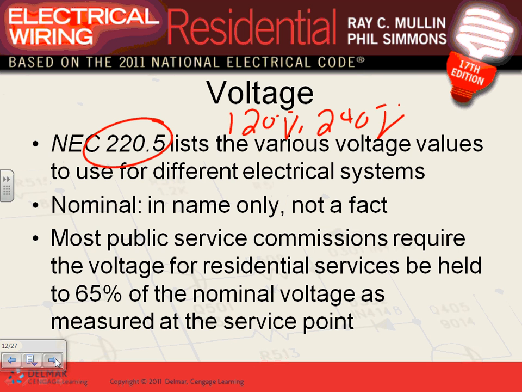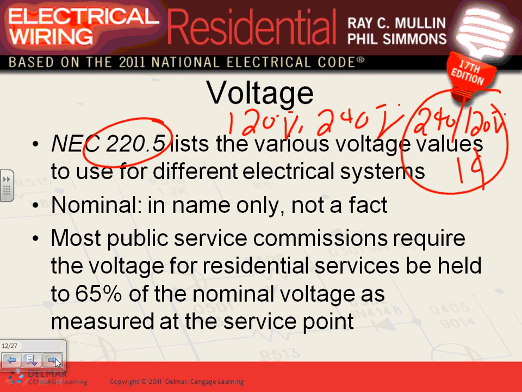You're going to have 480, 277, 600, 340 something, 208, 120. All the common voltages which we will be using through the year are listed over there. The voltage that we're going to be using in this project is 120/240 single phase. We call it 240/120 volt single phase, 2 wire.